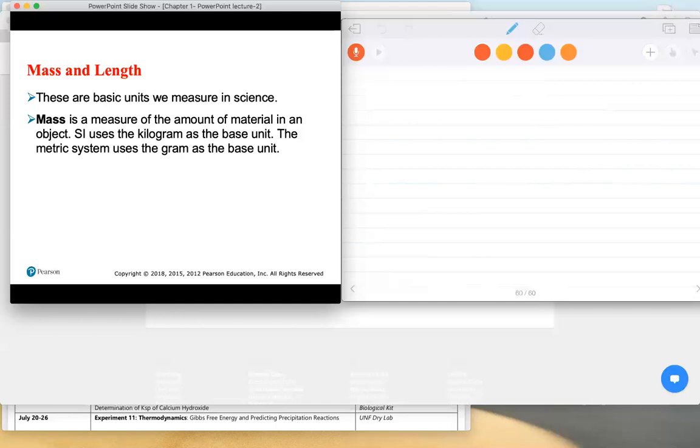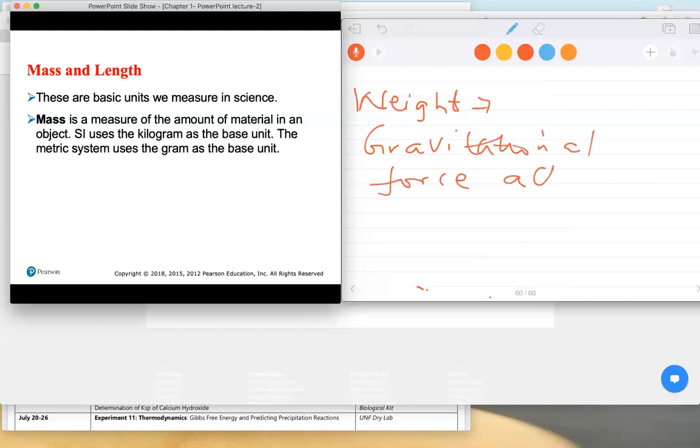Weight is the gravitational force acting on an object, and it changes from location to location.